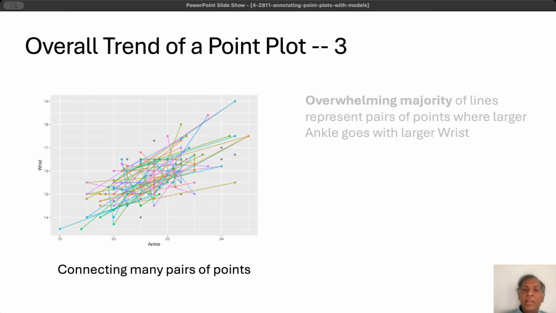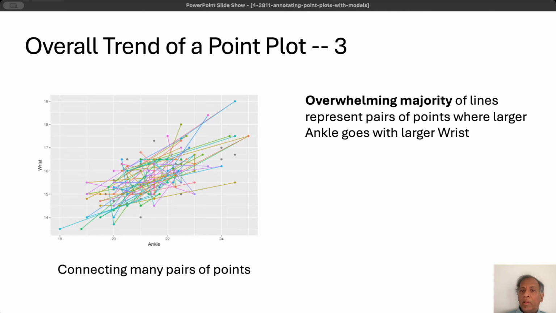But if we did that, we would find that a large majority of lines represent points where the larger ankle size also goes with the larger wrist size. That is what tells us that the trend is up and to the right, meaning higher ankle sizes also mean higher wrist sizes. That's the general trend, whereas there are many exceptions to the trend in our data.